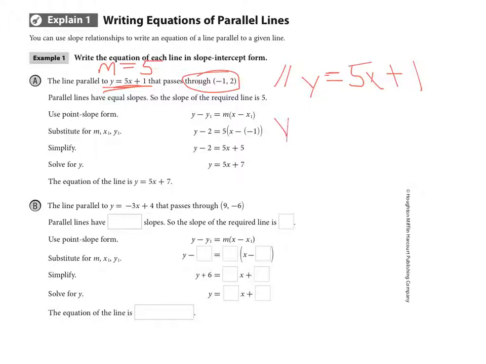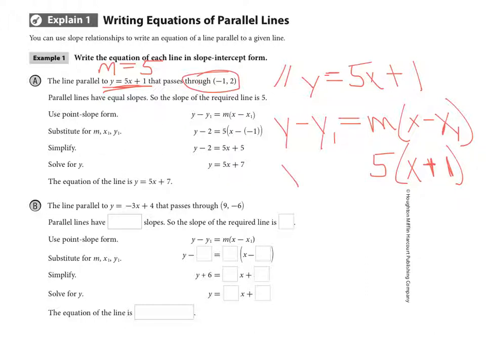Okay, so y minus y sub 1 equals m times x minus x sub 1. So I'm going to fill in the slope, and I'm going to fill in my x. So it'll be x minus -1, so it becomes x plus 1.